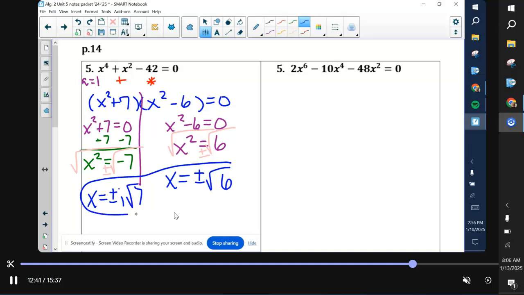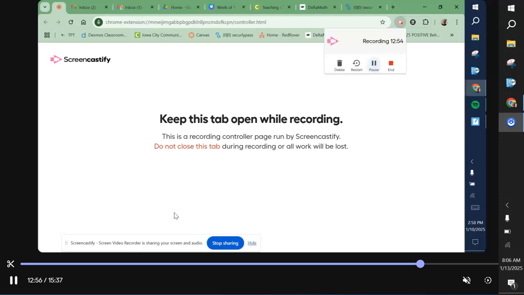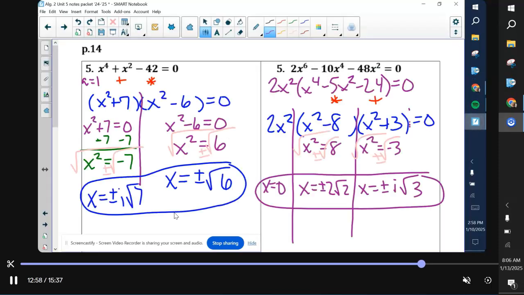All right, on this page, the next 2 are similar to that one. The last one is 4 terms in grouping. If you want to just pause right now, finish those last 3, or just pause and do the next one.